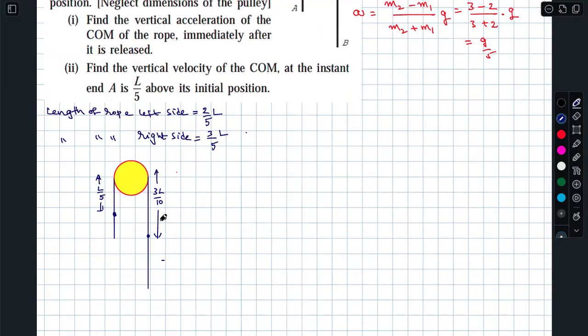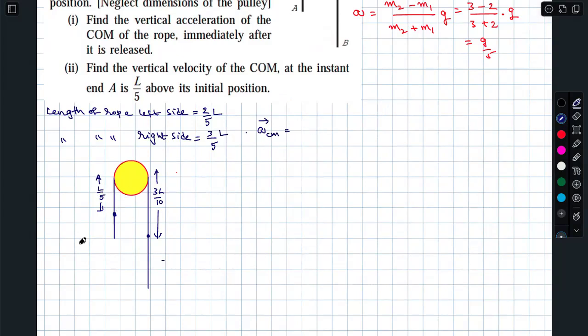You want the acceleration of the center of mass. So what is going to be the acceleration of center of mass? Take upward direction as positive.